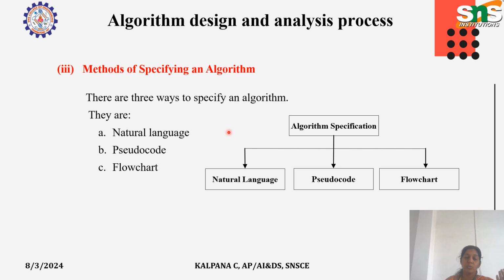After freezing everything and understanding the problem statement, I am going to write an algorithm, and I can write it in three ways. One is using natural language, writing statements, or else I can use pseudocode, or else I can go with a flowchart. So these are the three ways we can specify an algorithm.